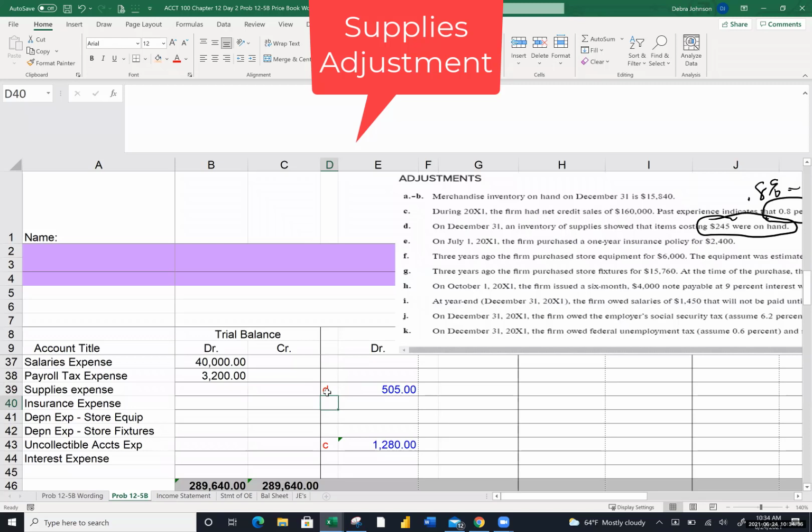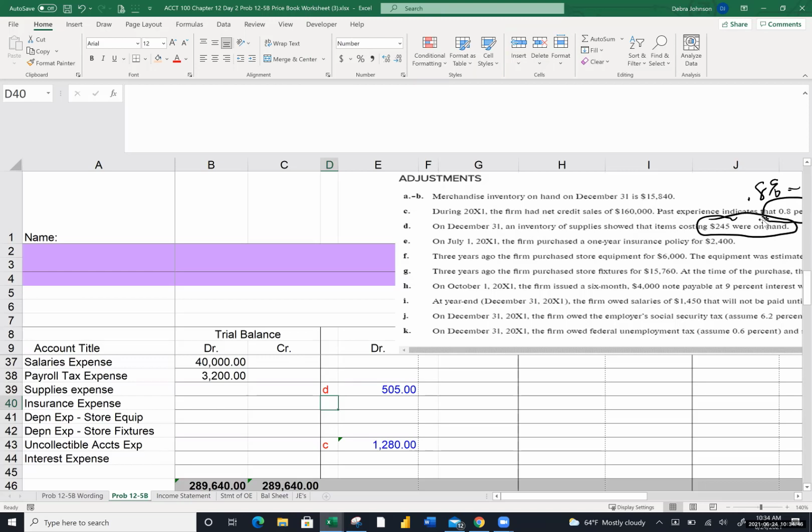Okay, that's an old one. This time he told us how much was left, so we had to figure out how much had been used up. That's an old one. We debited supplies expense and we credited supplies.